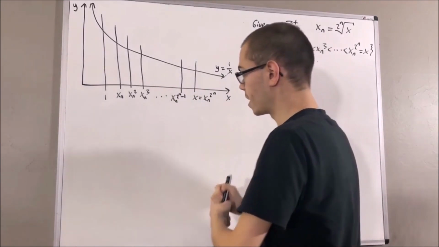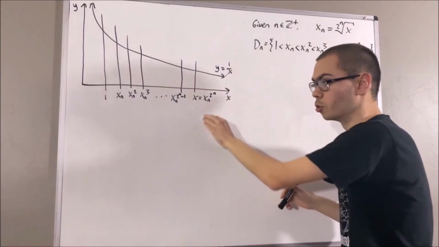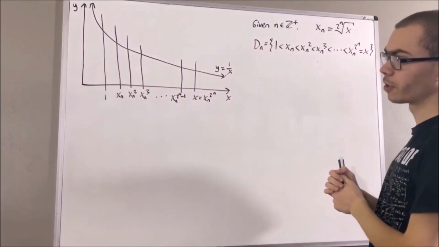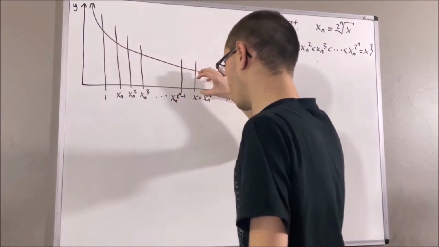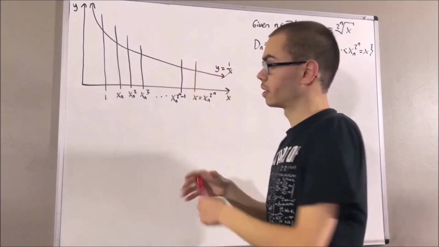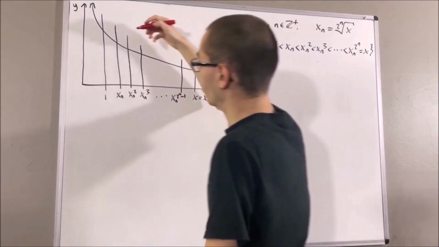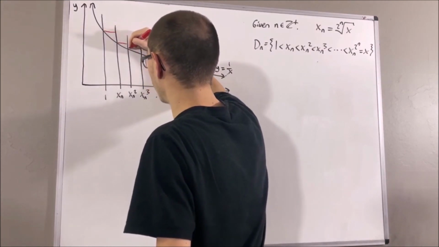As you can imagine, we have split up the interval from 1 to x into 2 to the power of n subintervals. And now, we approximate the area under this curve using rectangles. First, let's consider the upper sum, which is going to be the sum of the areas of these red rectangles.